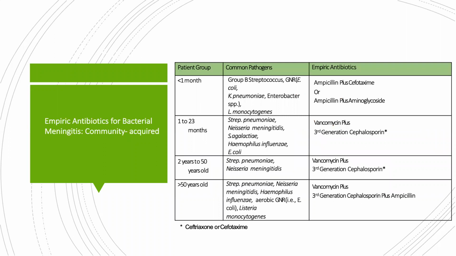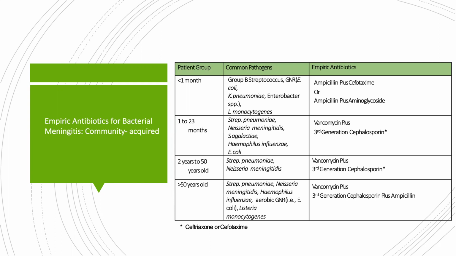So empiric treatment regimens, how are we going to treat this infection? So we talked about the common pathogens there. For less than 1 month old, we're going to use ampicillin plus cefotaxime or ampicillin plus an aminoglycoside.